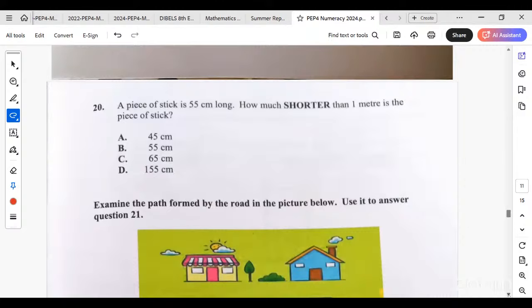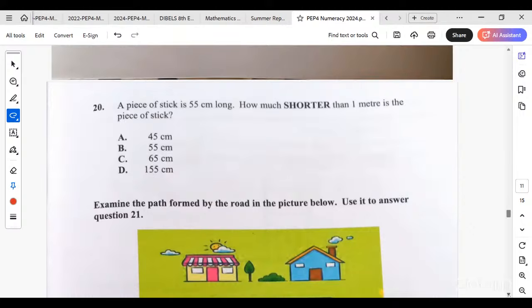Question 20. A piece of stick is 55 centimeters long. How much shorter than 1 meter is the piece of stick? So it takes 100 centimeters to give you 1 meter. What we're trying to do is find the difference between 55 centimeters and 100 centimeters, which is the equivalent of a meter.